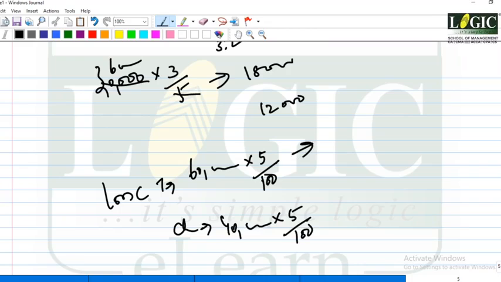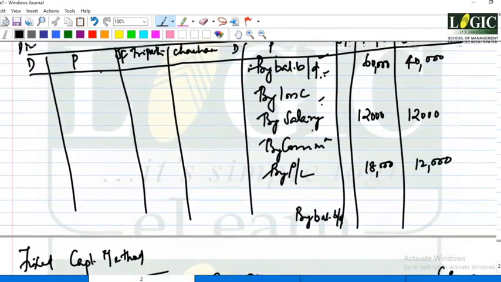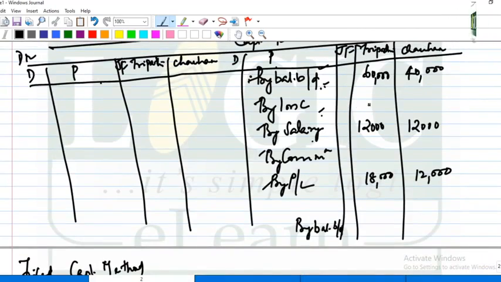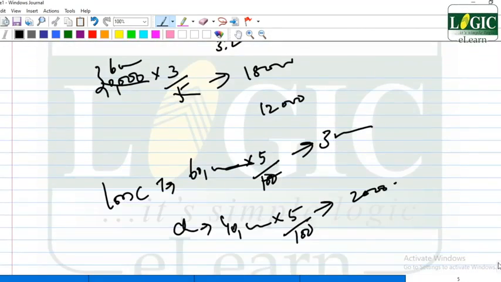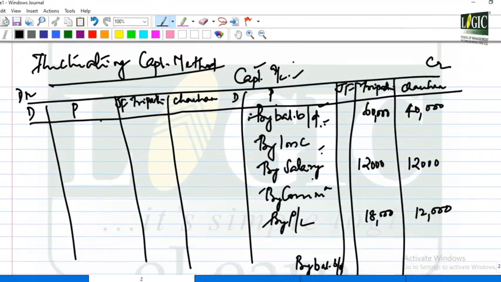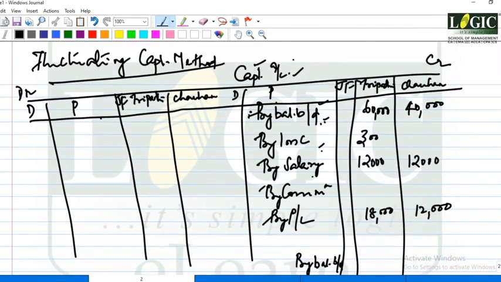So this will be 3,000 and this will be 2,000. So this is IONC: first person 3,000, second person 2,000.